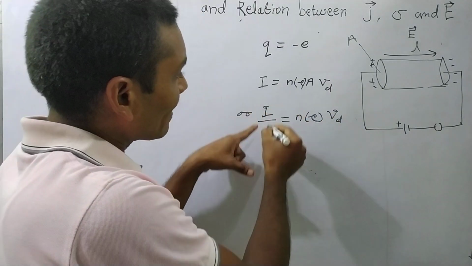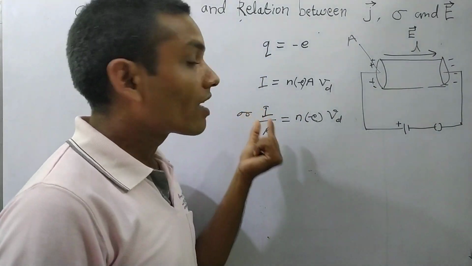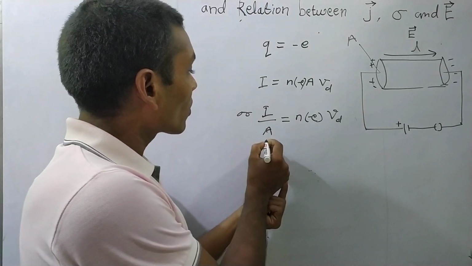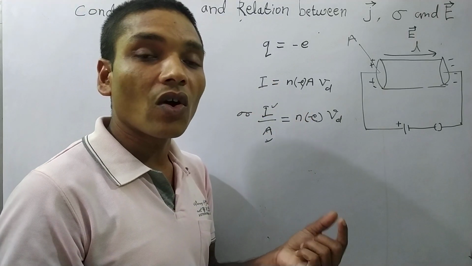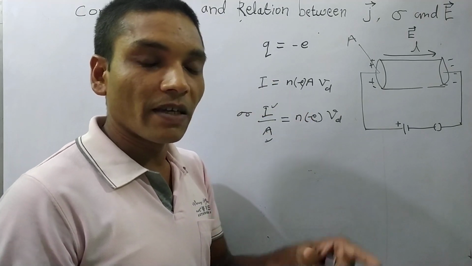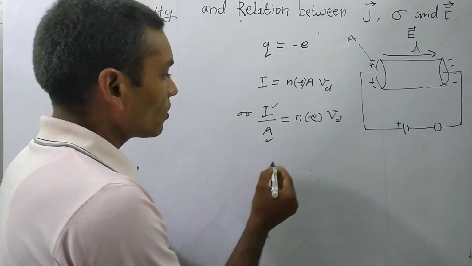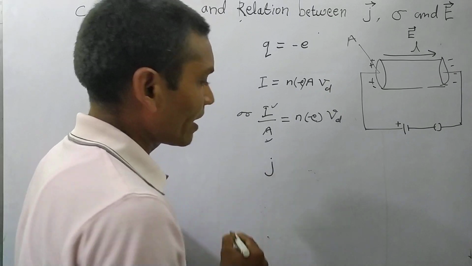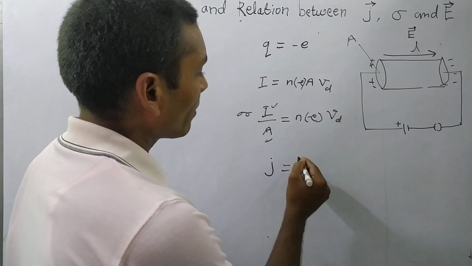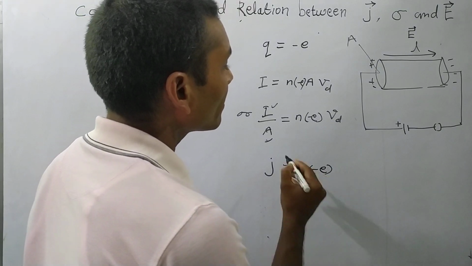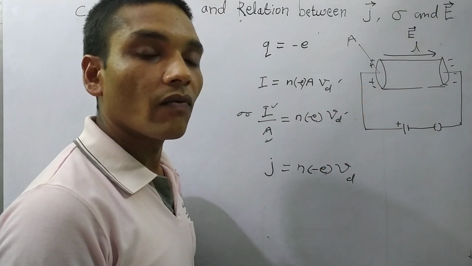What is I upon A? I upon A is the current per unit cross-sectional area, which is called current density. In the previous video we had already studied that. So this is equal to J; current density is denoted by J. Now it will be J equal to n minus e vd, where vd is the drift velocity of free electrons.